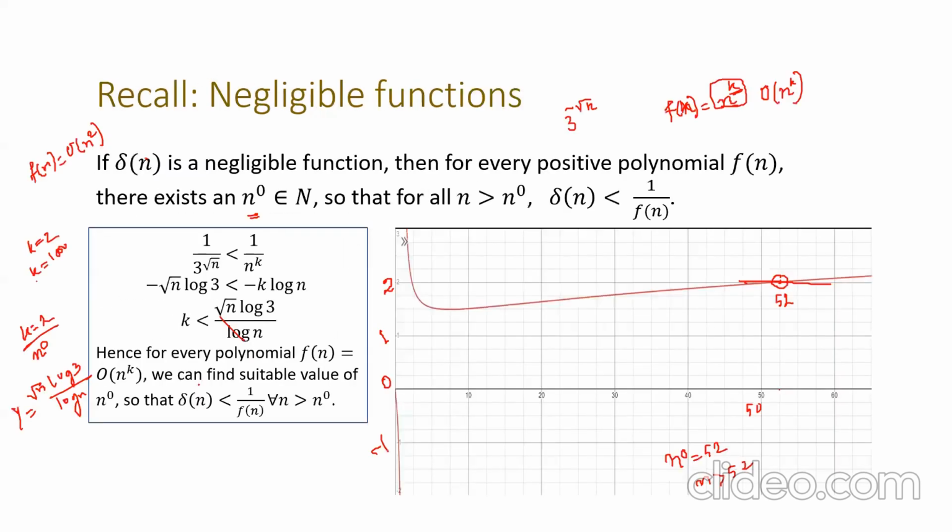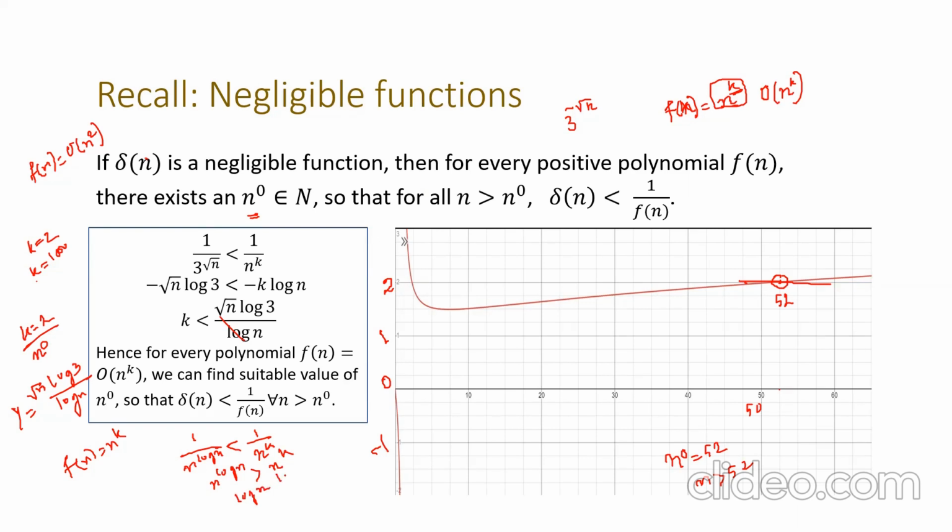So n to the power minus log n, right? You will show that 1 by n to the power log n must be less than 1 by n to the power k for some positive polynomial n to the power k. And then again, similarly, you take log on both sides.